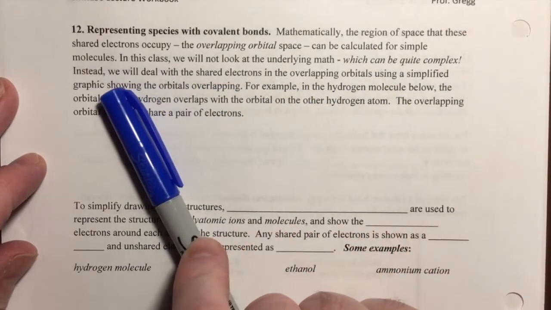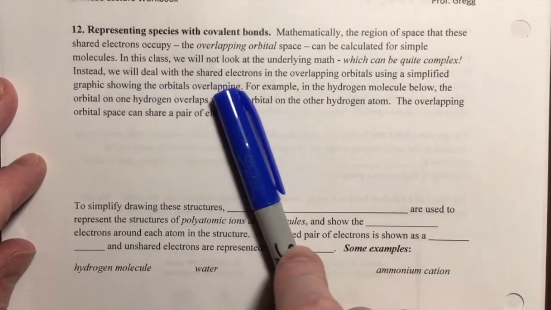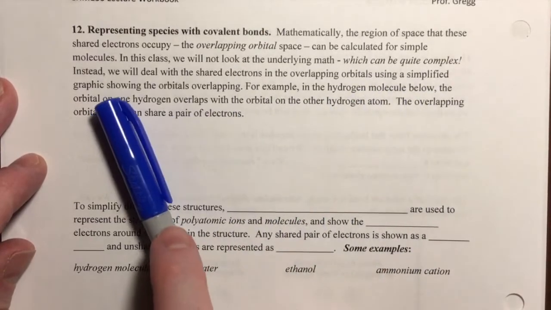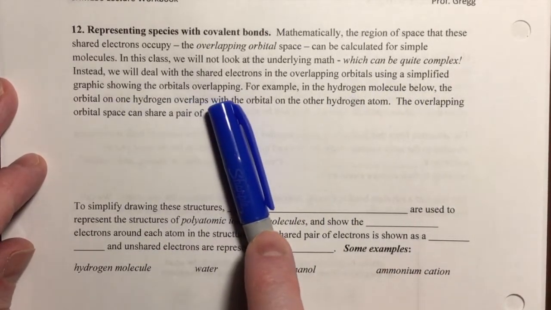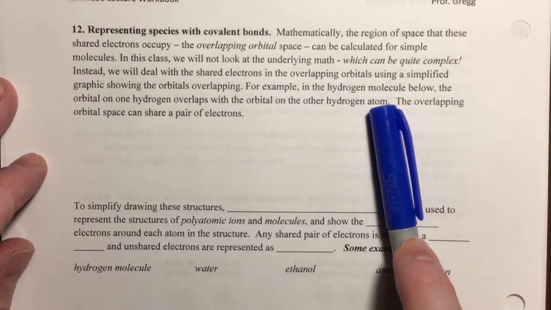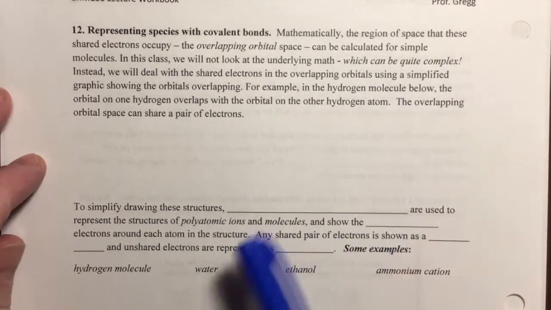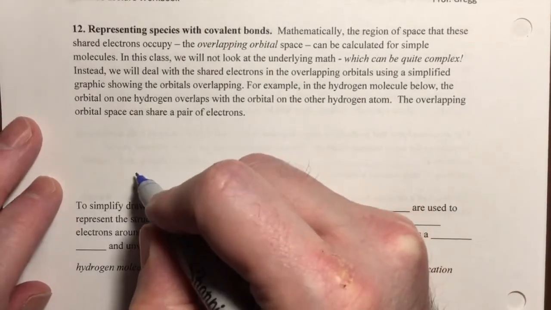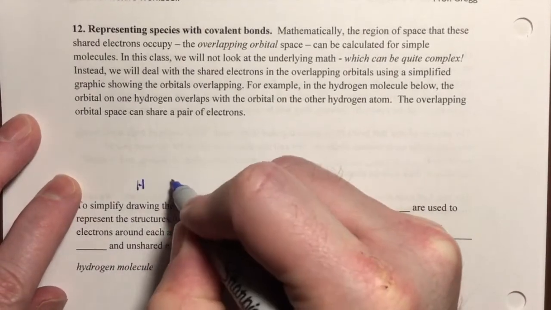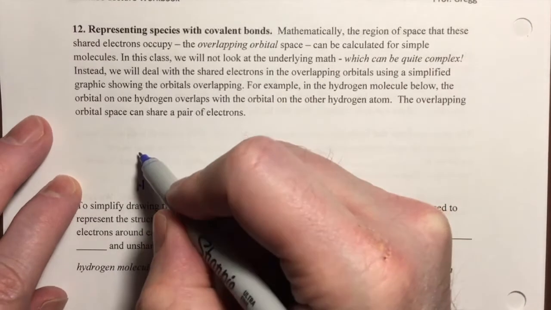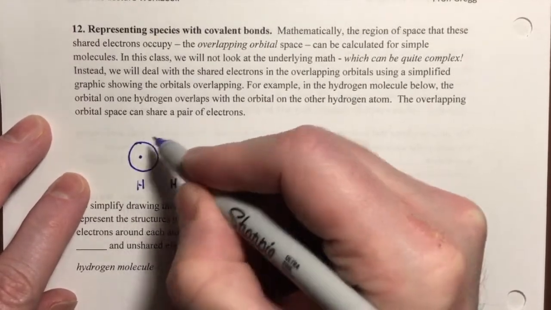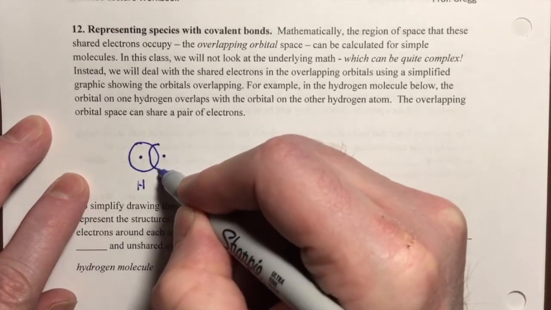The way that we will deal with shared electrons in overlapping orbitals is using a simplified graphic showing the orbitals overlapping. For example, in the hydrogen molecule, I'm going to draw a hydrogen here and a hydrogen here, and I'm going to show their orbitals overlapping.